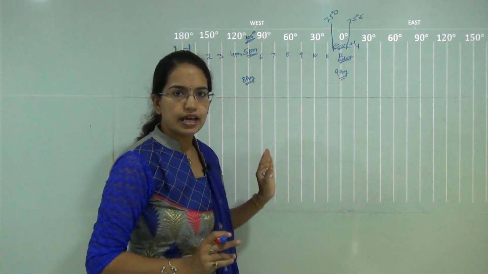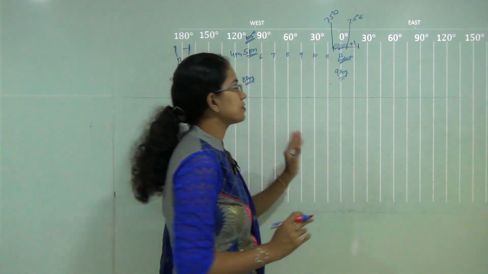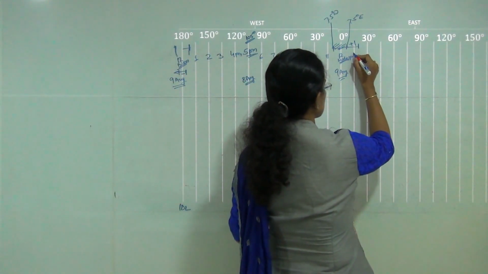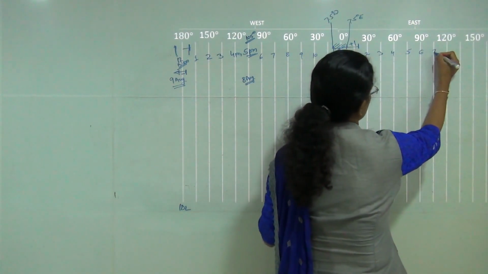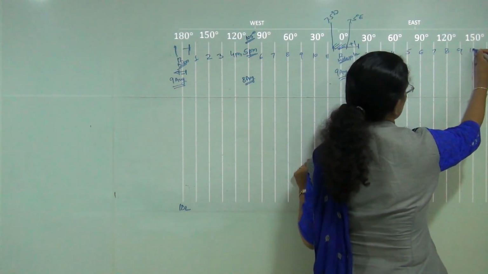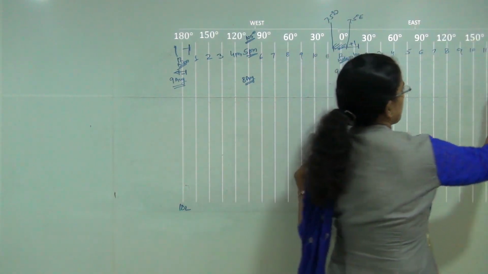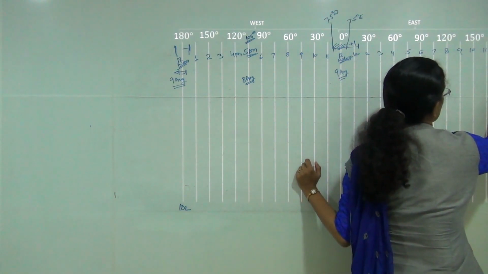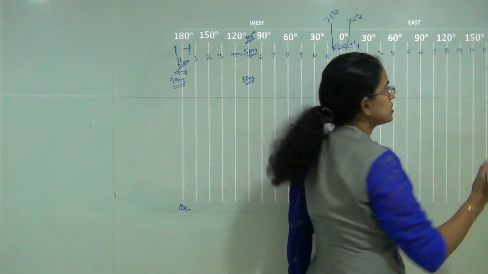It's 12 midnight. Now I am going further east, so it would be adding a few more hours. So 1 a.m., 2 a.m., 3 a.m., 4 a.m., 5 a.m., 6 a.m., 7, 8, 9, 10, 11 and 12 noon. And now this 12 noon, till the point I reach here, it would be 9th of August.